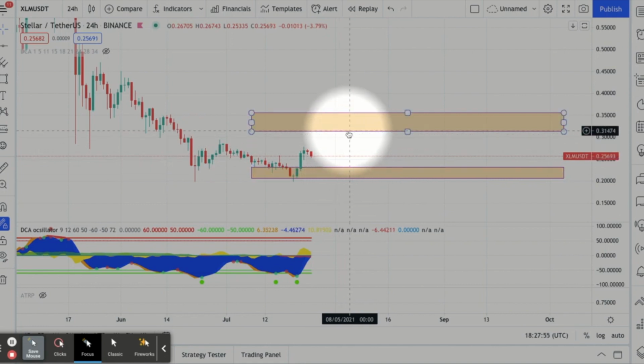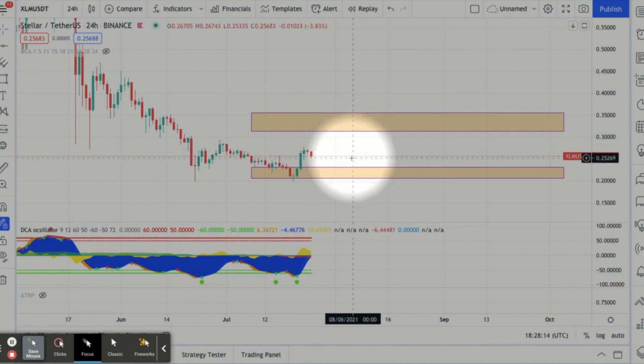If you do a stop loss, say I did a stop loss right here at 0.28, that means if it hits that stop loss, it is going to put all of that $100 into that coin. So what you can do is keep walking that stop loss down as you go.